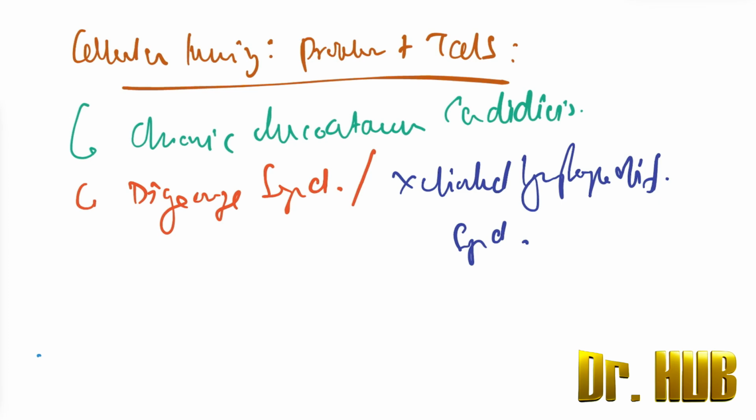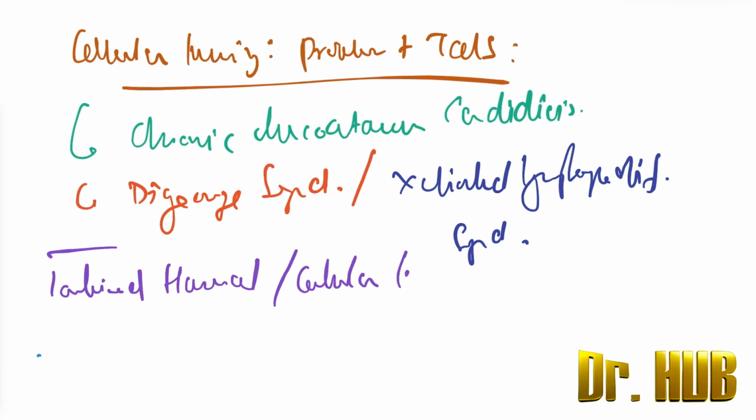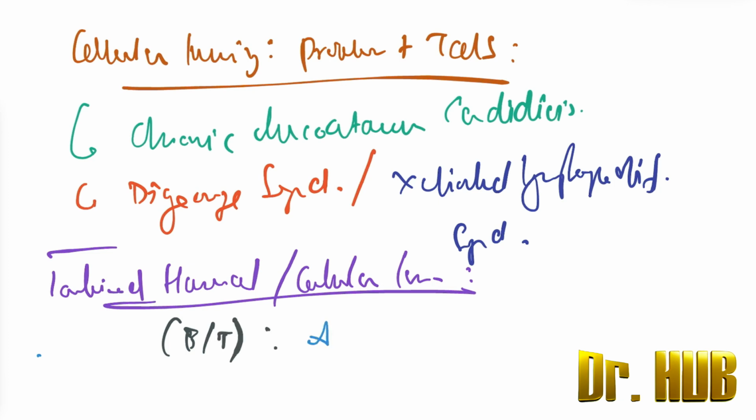Next we look at the combined humoral and cellular immunity. So this includes the problems with the B and the T cells. What are the conditions? The conditions that it includes: ataxia telangiectasia.